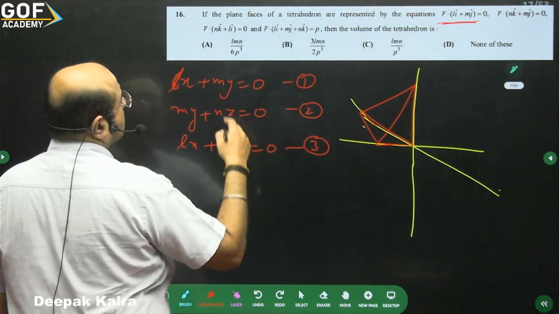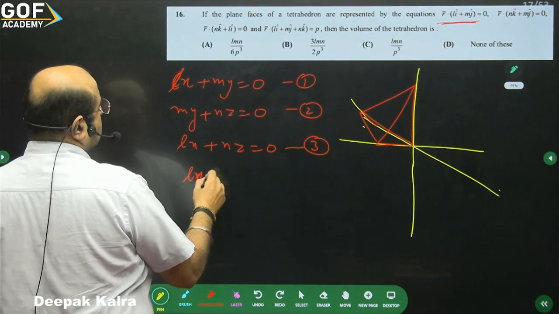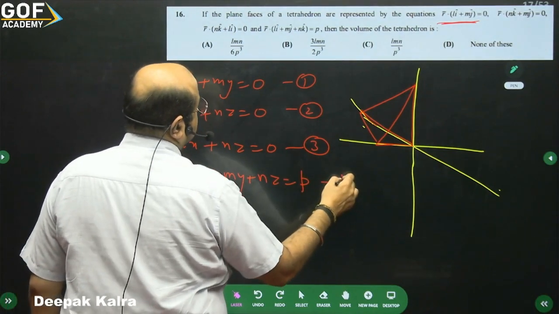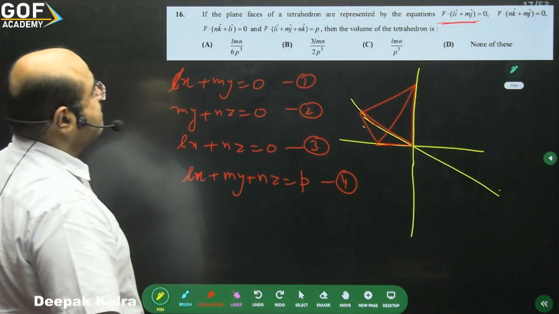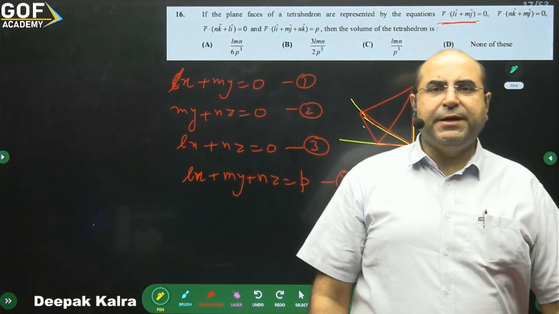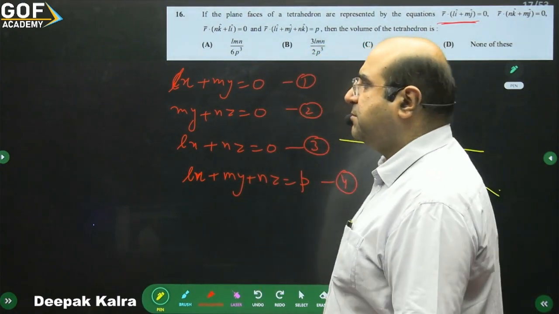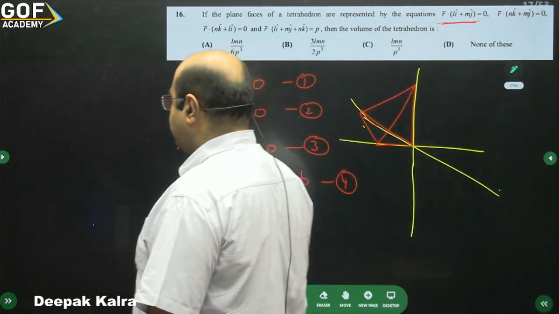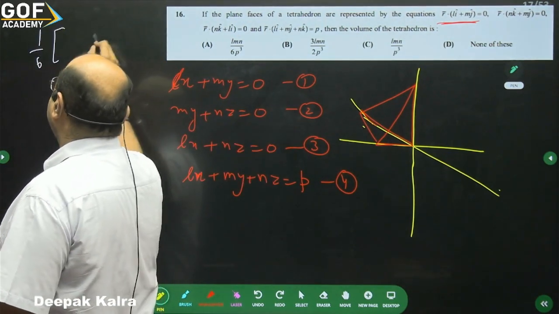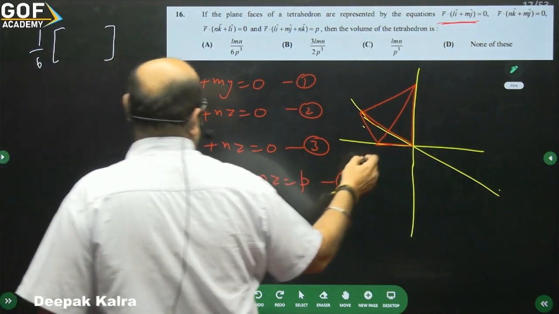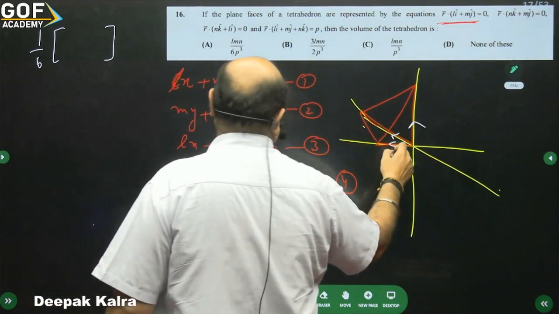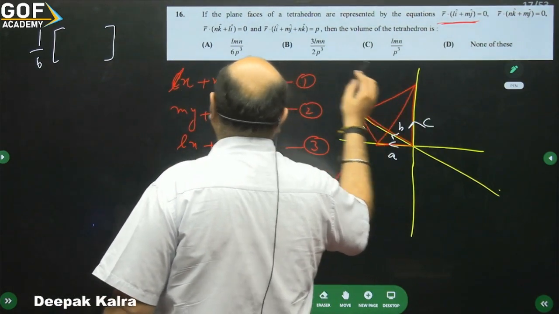Fourth equation, Lx plus My plus Nz equal to P. Then the volume of the tetrahedron is, you know the volume of a tetrahedron? One by 6 STP of adjacent sides, right? If I say it is like A, B and C, you have this.